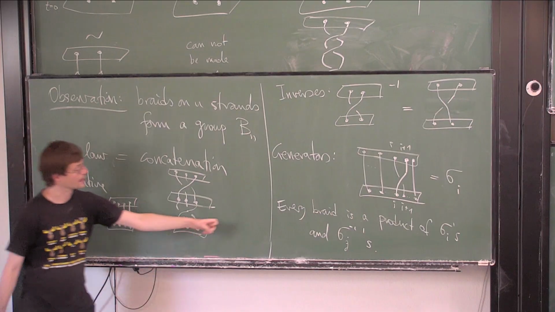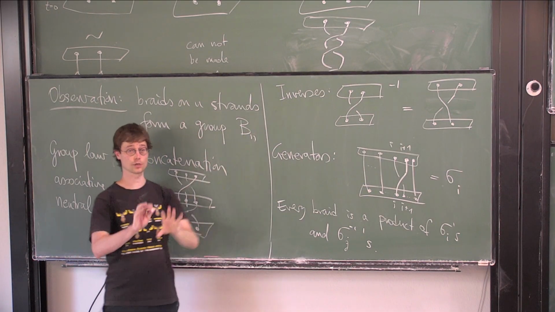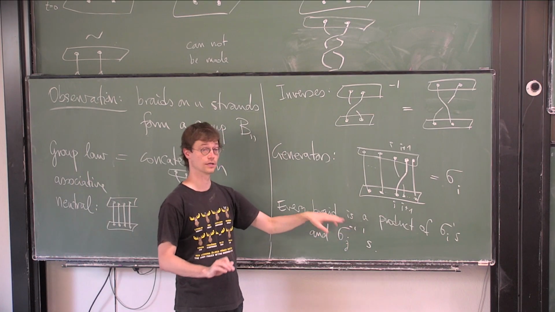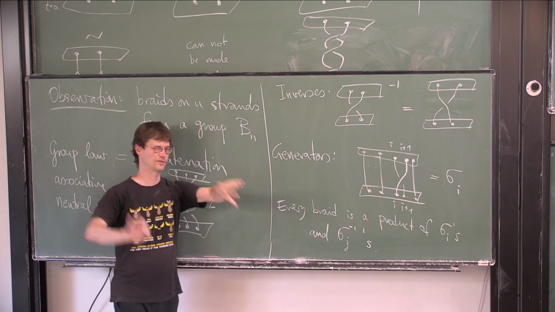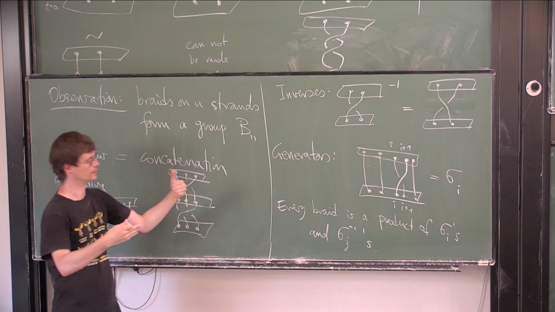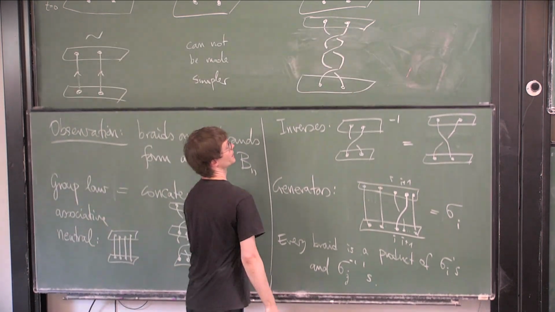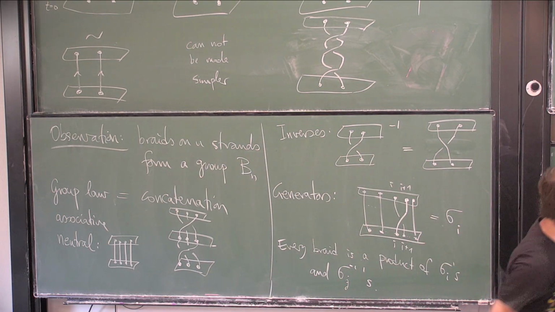And so from this fact, we see that we have inverses for any element of the group. Because if you can decompose your braid into a product of sigma i's and sigma i inverses, you literally just invert every element. Probably you have to put it in the other order.